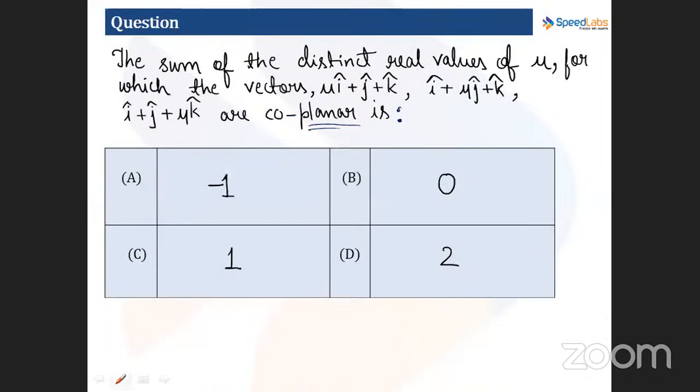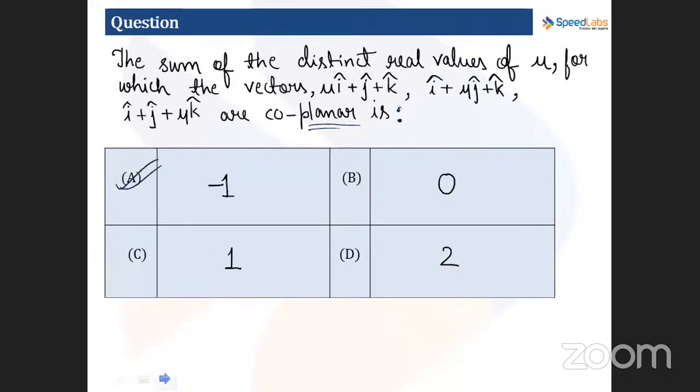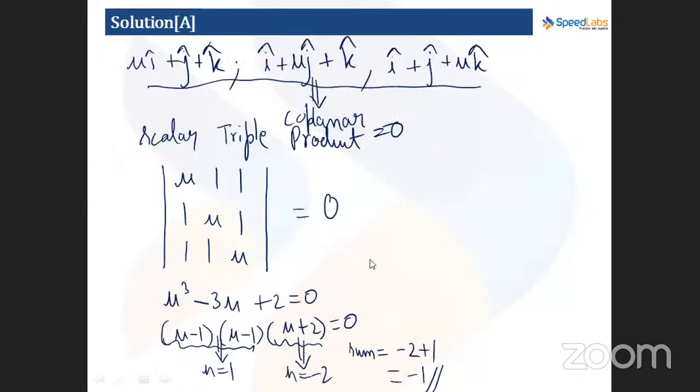The correct option was option A, minus 1. Is this clear to all? Okay, that's great. So then let's move on to the next question.